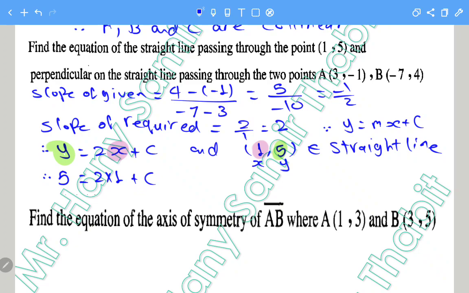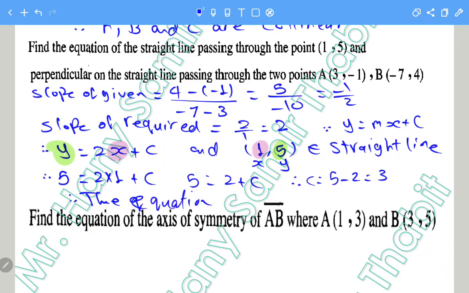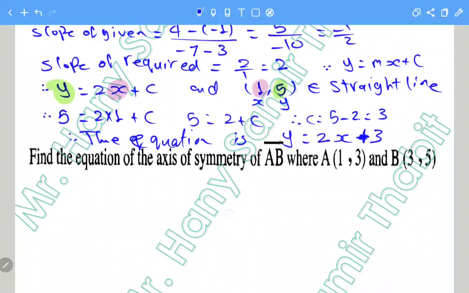Substitute y with 5, that means 5 equals 2 plus c, then c equals 5 minus 2 equals 3. Then the equation of the straight line is y equals mx plus c, m equals 2 and c equals 3.